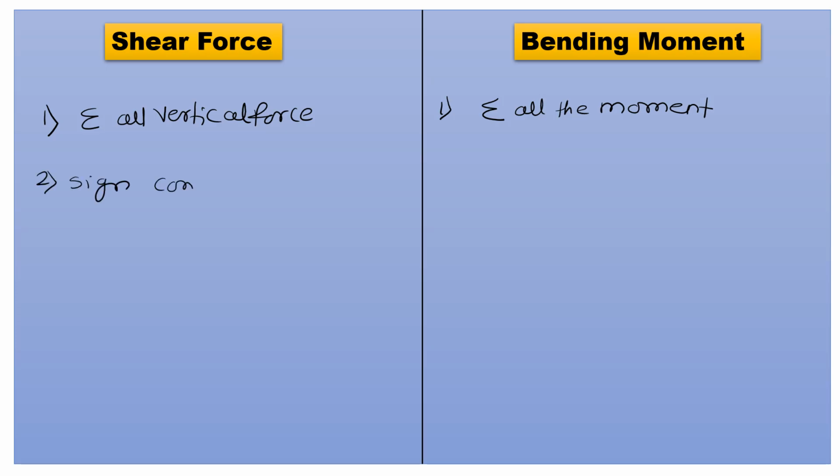Then the second important point is sign convention. For shear force, whenever the applied force is in the vertically downward direction, take it as negative, and whenever it is vertically upward, take it as positive. This is the sign convention when you calculate the shear force from the left side of the beam. Whenever you calculate from the right side of the beam, take upward as positive and downward as negative.